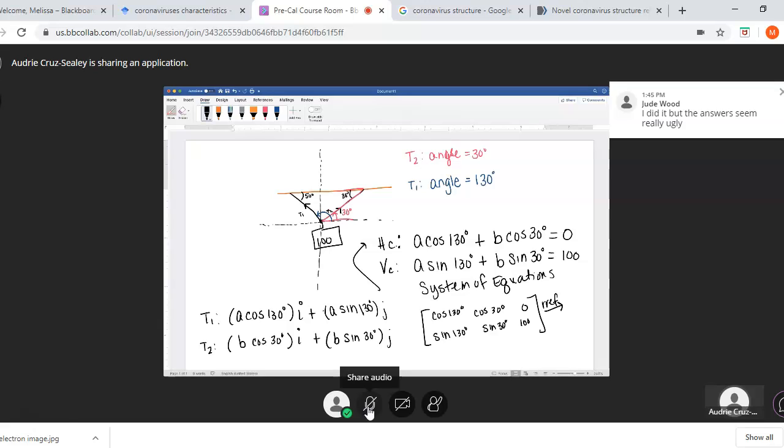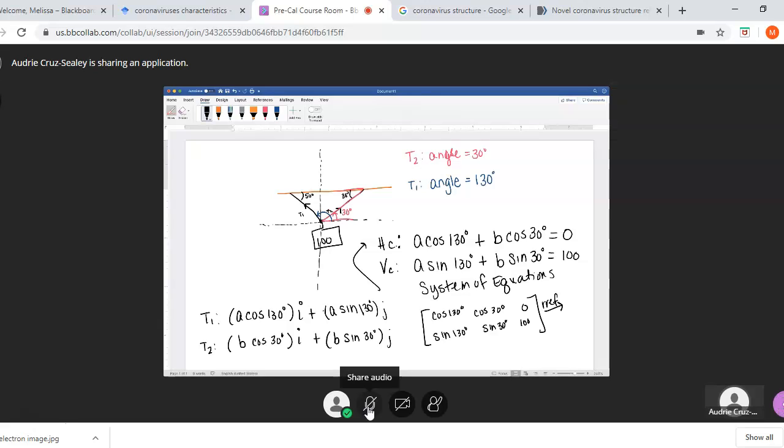Sine 30. How did I get that? Oh, maybe this is right. Hold on. Okay, I think I know what's going on. Okay, never mind. I'm good.